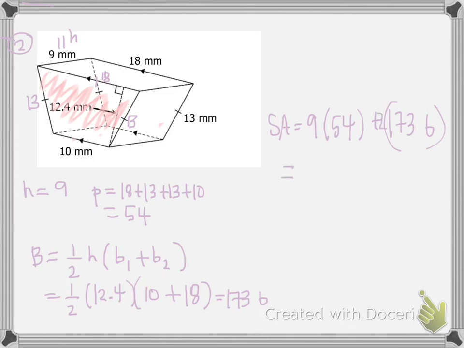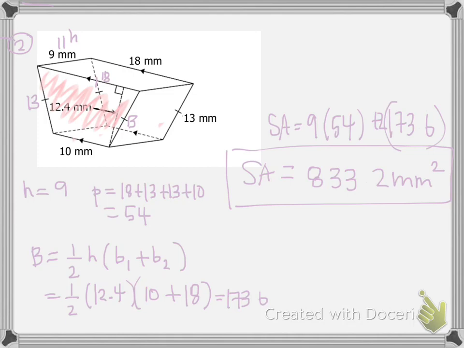So 9 times 54 is going to give you 486 plus 347.2. So that's 833.2 millimeters squared.